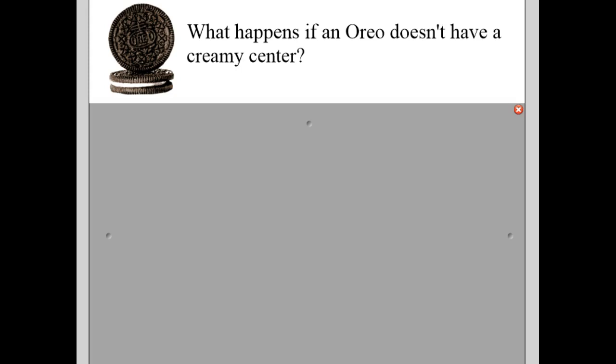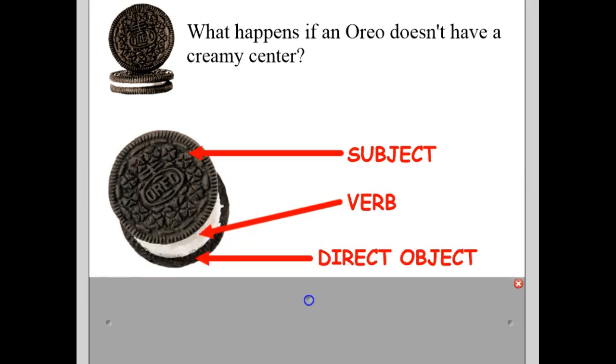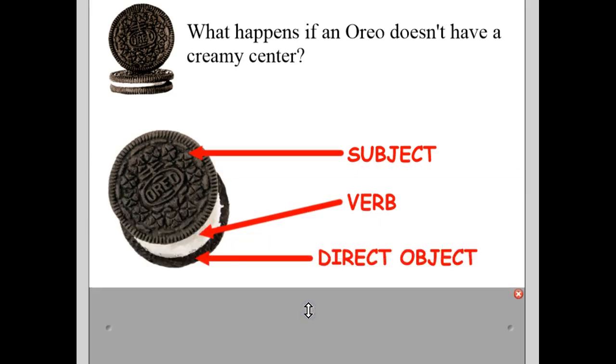Here's a little thing to think about. What happens if an Oreo doesn't have a creamy center? Think about that Oreo as the subject, the verb being the creamy center, and the direct object.